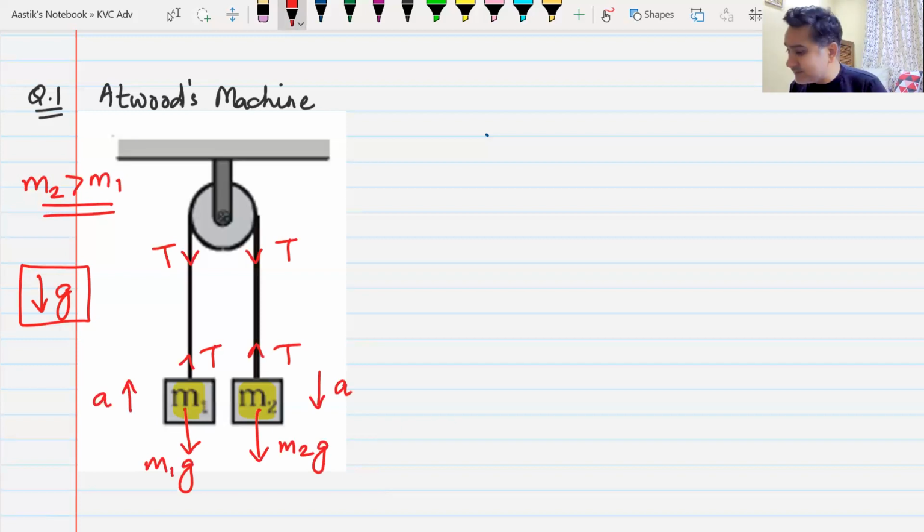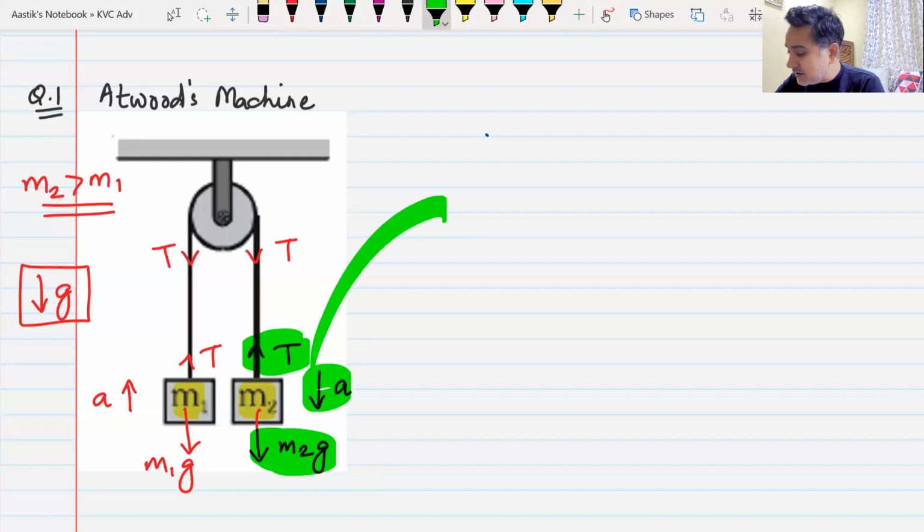Do we understand this? Yes, sir. Let's make the equation. This is M2g, this is T, and this is a downward. So what is the equation of this block? Tell me. T minus m2g equals ma. Where is it going? Do you see the direction where it is going?